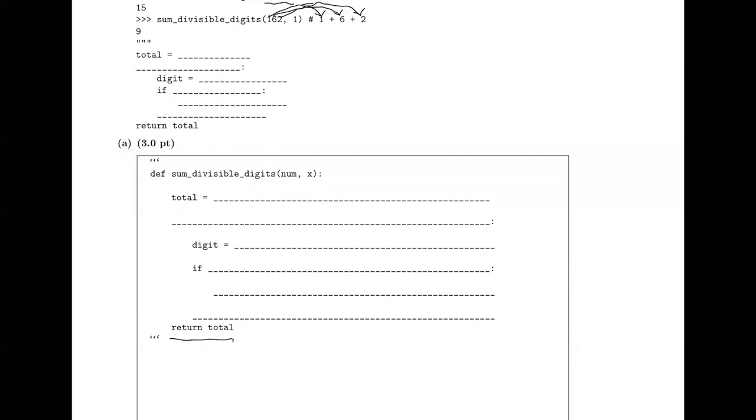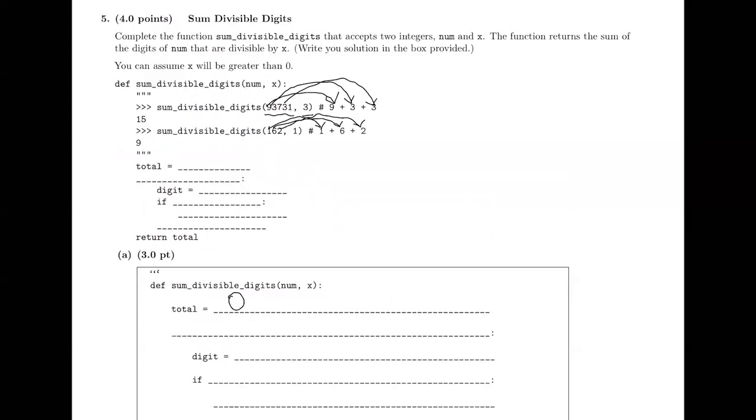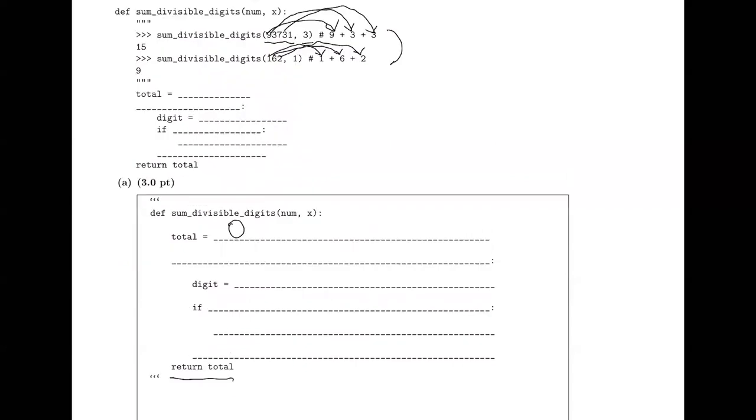A common number we can start total off with is 0, because we start with 0, and then we add whatever digits here are divisible by x, and we will get our answer. Now we have this blank here, which I'm not totally sure what we're going to do with yet, so let's skip it for now. Next, we have this digit equals blank.